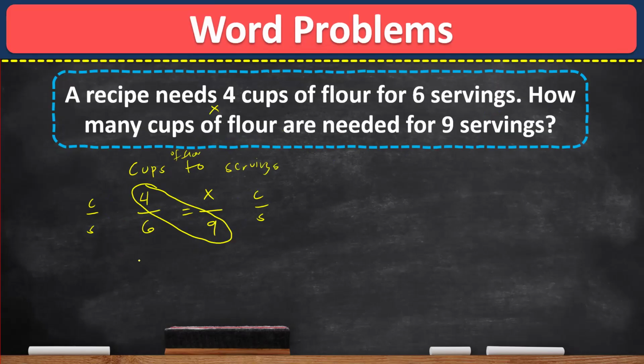Then cross multiply. So 4 times 9 is 36, and 6 times x is 6x. Then solve for x, divide both sides by 6. So 36 divided by 6, x is equal to 6.